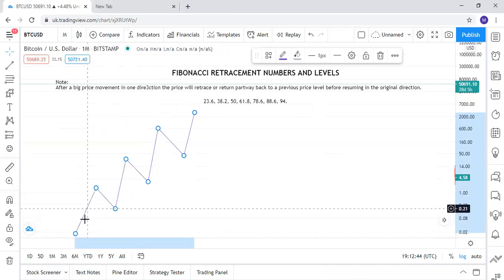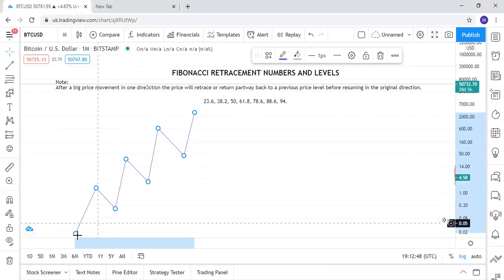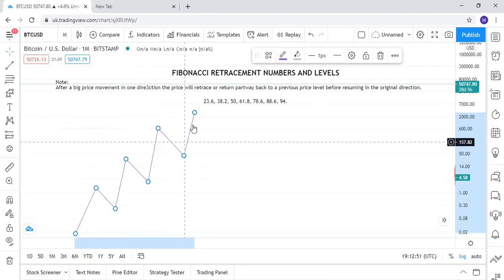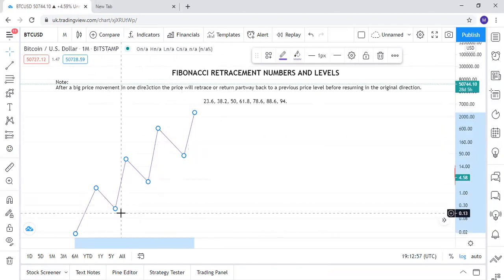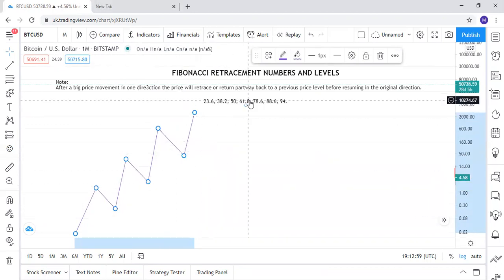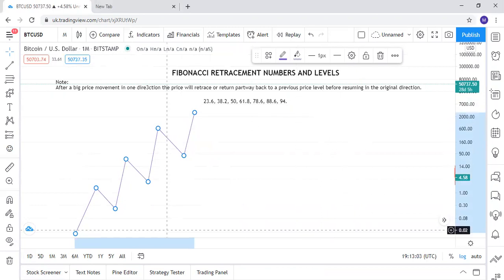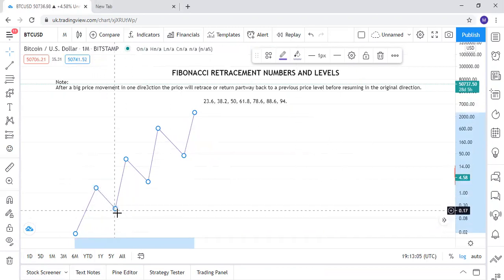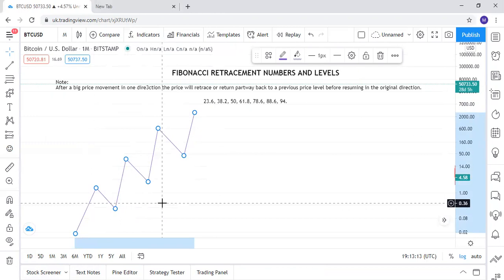Of the previous impulsive move, it will retrace to a certain percentage. And it could be the 23.6 percentage, the 38.2 percentage, the 50 percentage, the 61.8 percentage, 78.6 percentage, 88.6 percentage, or the 94 percentage. The market will always retrace to a percentage of the impulsive body before continuing its upward movement, because the market can't just go straight. It has to move in impulse, corrective, impulse, corrective.